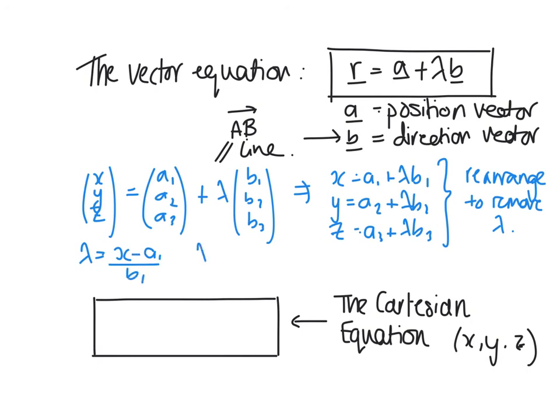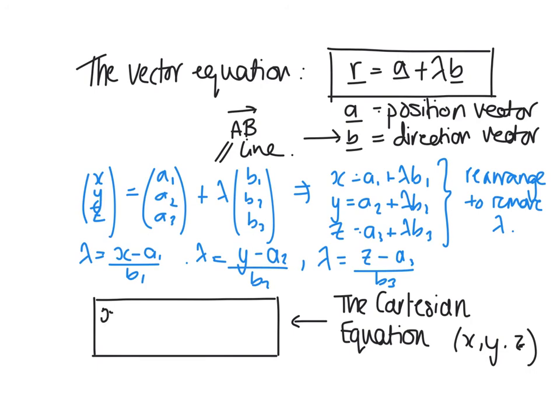It's also y minus a2 over b2. And it's also z minus a3 over b3. Well, because I have 3 statements that all equal lambda, that necessarily means that they all equal each other.